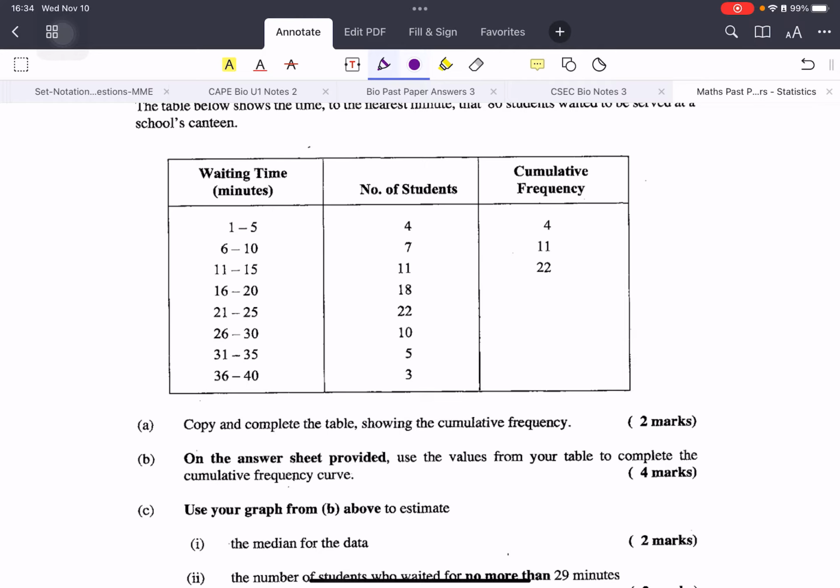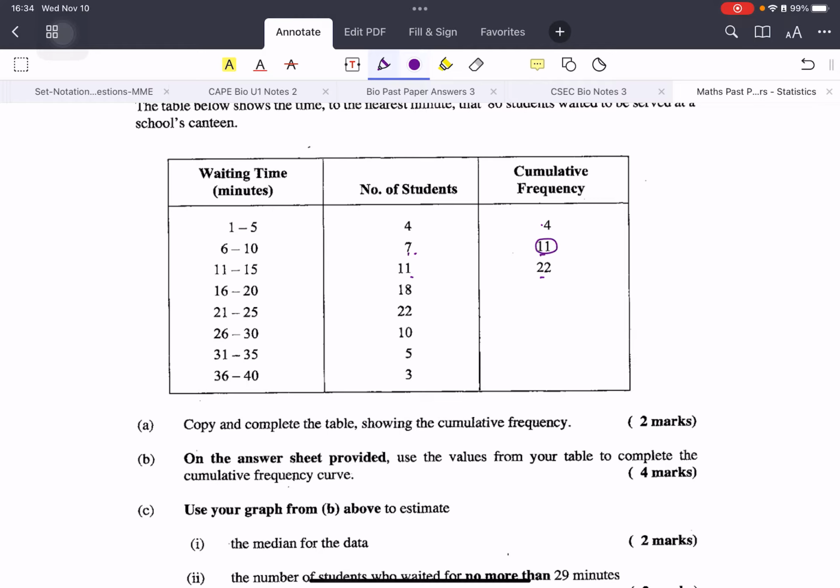So cumulative means that you are adding up, okay? So they started off with the cumulative frequency. So in the second column here, you can see they got 11 because they added 7 to 4. Okay, 7 plus 4, 11. They got 22 because they added the 11 to this 11 over here that we got before.